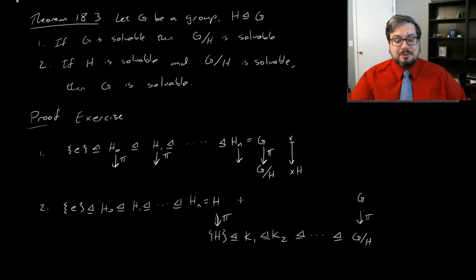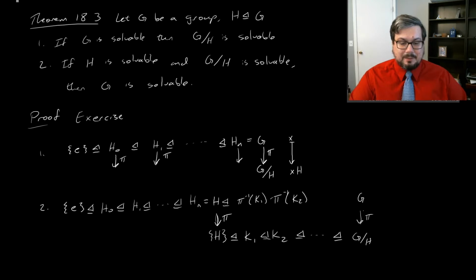You want to look at what happens when you pull those back, when you look at the preimage of the subgroups K along this function pi. So the idea is that you'll be able to construct a chain of subgroups this way as well and prove that they have the properties that we want.